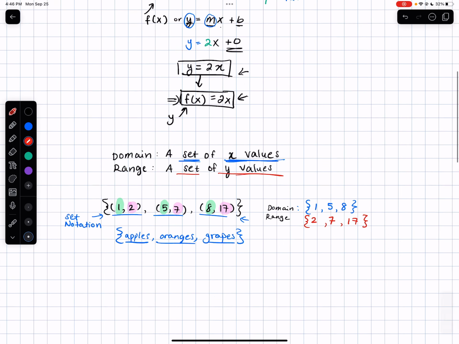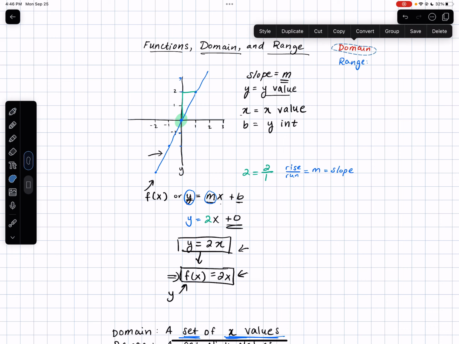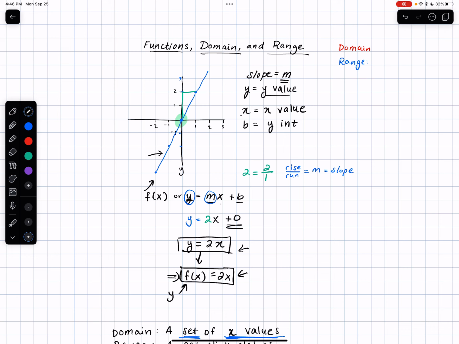So let's say we have a graph, and I said find the domain and range. So let's do this. Okay, so let's say we have the domain here. So what is the domain? A set of all x values.